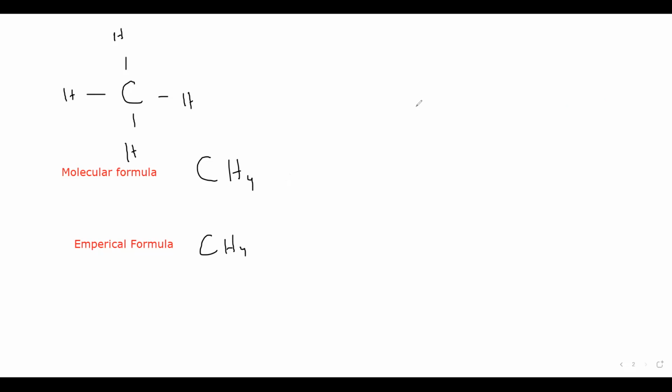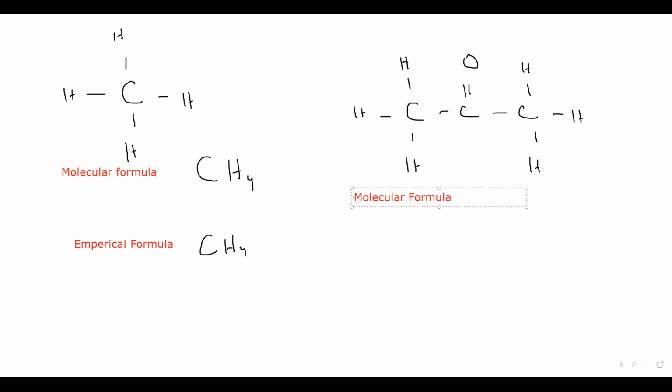Another example. This is the structure of the compound. My question is, what is the molecular formula? Molecular formula represents the actual number of atoms.